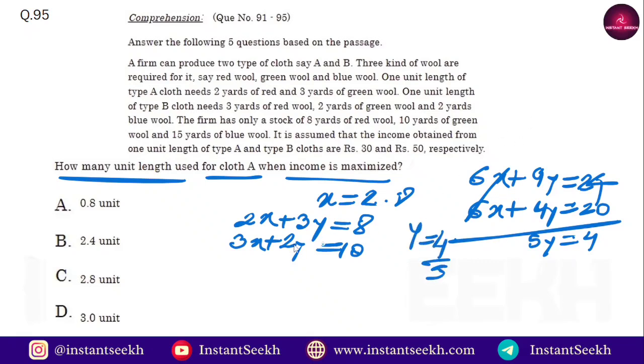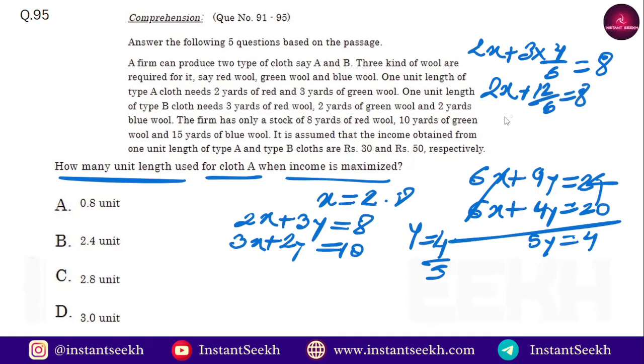And you can put it in any of the equations. Let's say I'm putting it in the first equation itself, that is 2x plus 3y. So 3 into y, that is 4 by 5, equal to 8. Now you can multiply straight away, 2x plus 12 by 5 equal to 8, and now 2x will be equal to 8 minus 12 by 5.